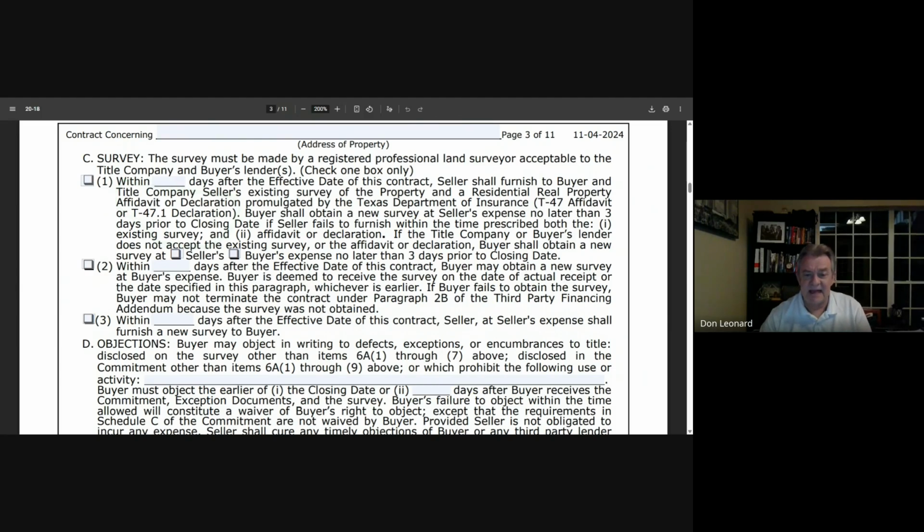The affidavit is a notarized document where the seller tells how the property has changed since the time of the existing survey. And the declaration does the same thing. It just doesn't have to be notarized, but there's more personal information about the seller in that document. And so a lot of times either the affidavit or the declaration can be used.